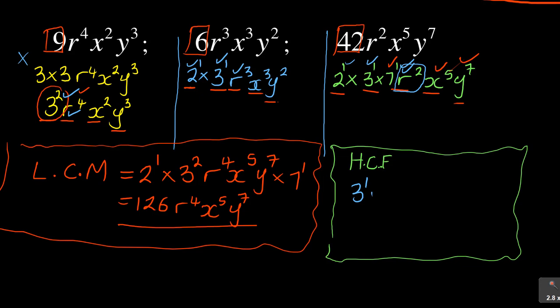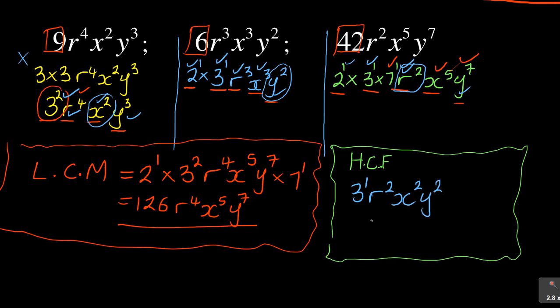So you're going to have R squared. You do the same with the X. You have got X squared, X cubed, and X to the 5. So the smallest power is X squared. And the Y part, you have got Y cubed, Y squared, and Y to the 7. The smallest power is Y squared.